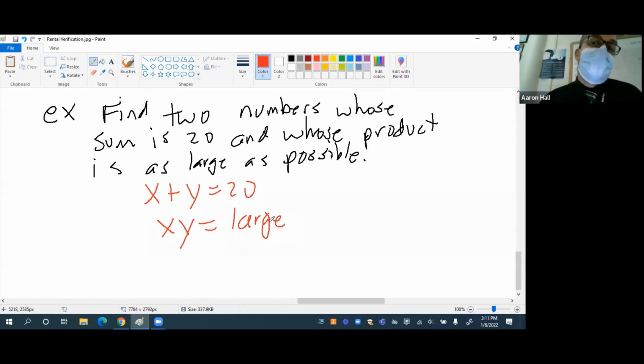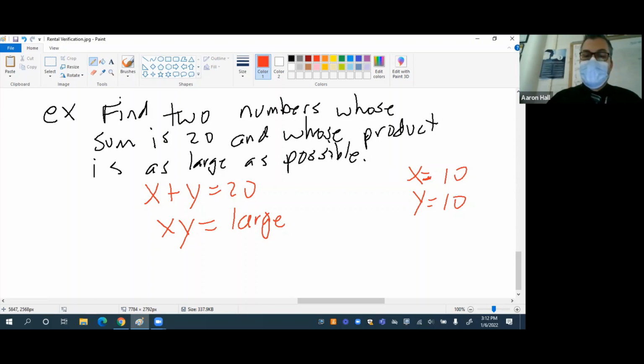Could you use Emerson's technique? Any guesses what those numbers would be, Emerson? 10 and 10. Yeah, they're 10 and 10. So we know X is 10. How did you get X is 10 and Y is 10? Because they're as close together as possible.